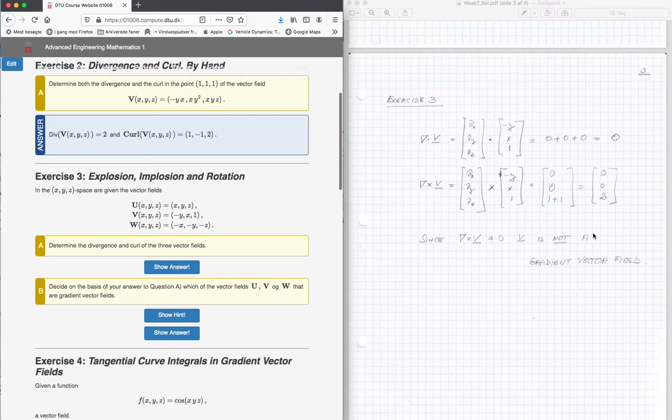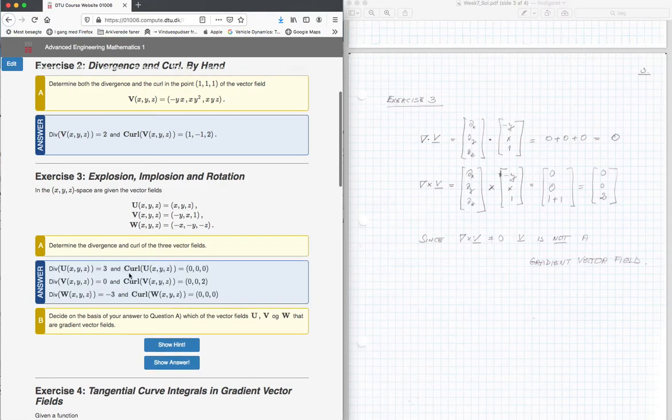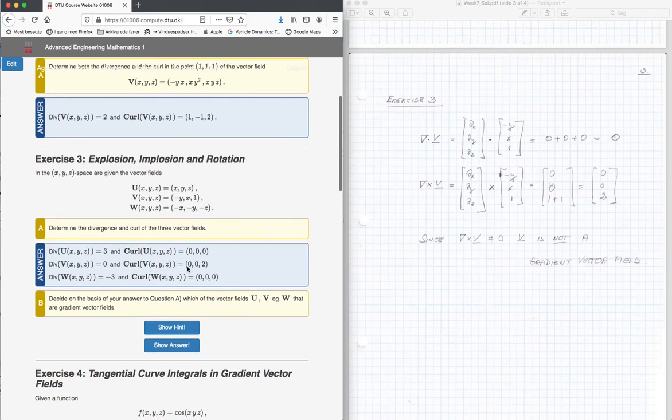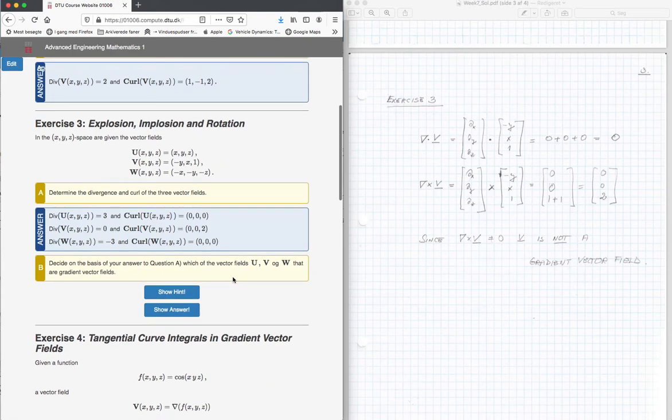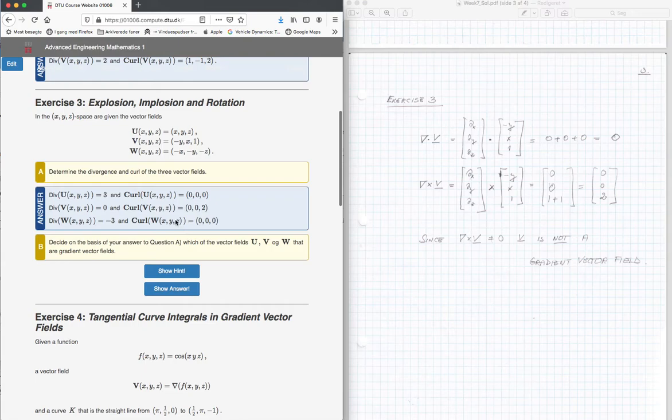So this is the result. Let's see. Yeah, this is the result. That's okay, and you can easily compute the other divergences and curls.